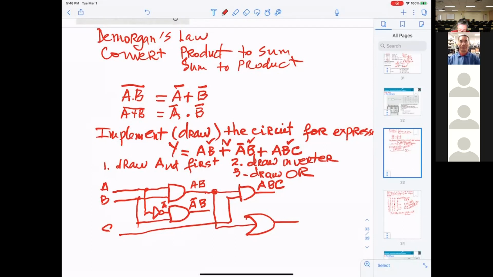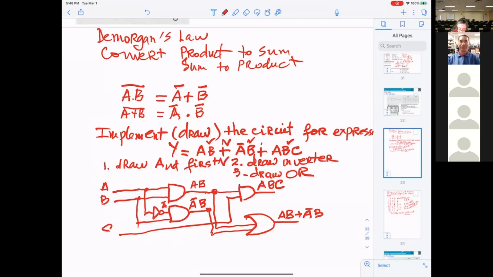And this one will be not A and B. So at this one, you get A and B, or not A and B. Okay, that means you're done with this one.